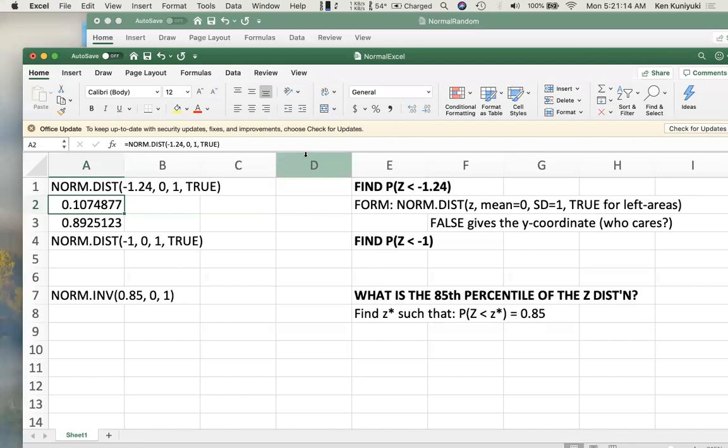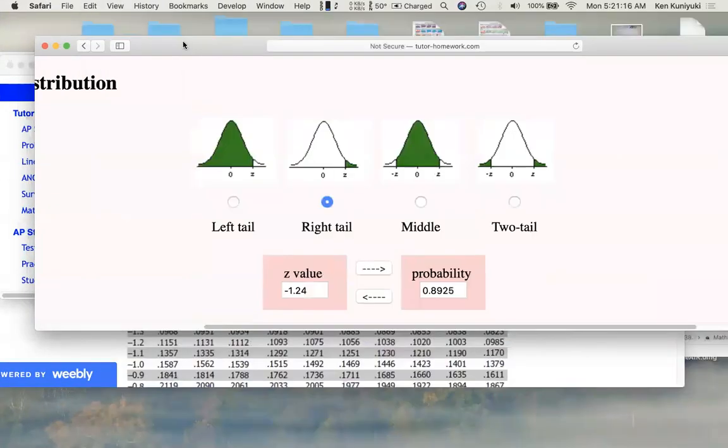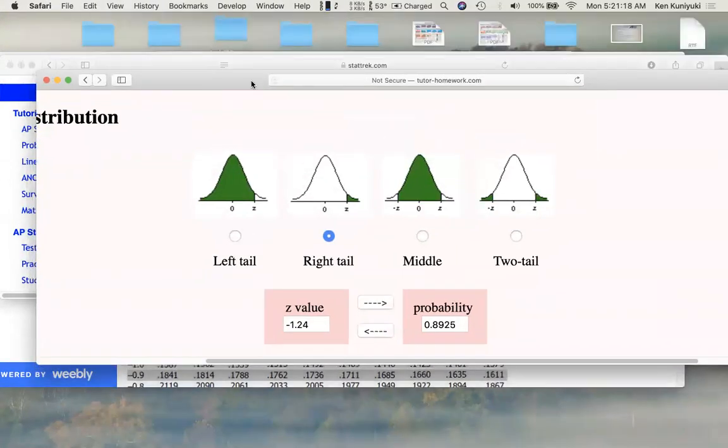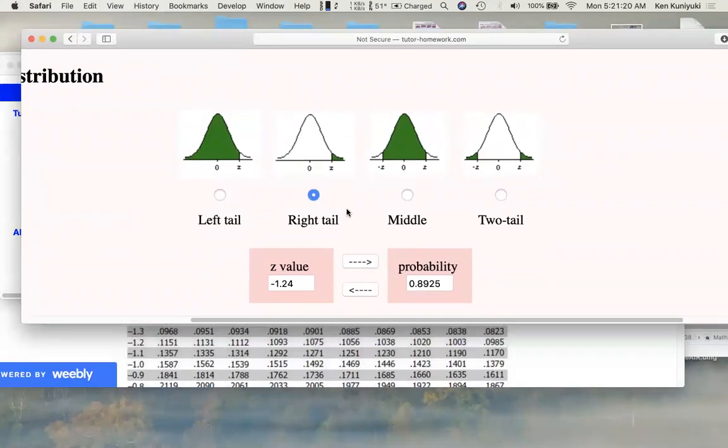Now, again, most software like Excel would expect you to just know that, but tutorhomework.com is the really helpful one. Right tail for positive 1.24. Click on this arrow. From the z value to the probability, we get that small probability again, 0.1075. And here the right tail picture is more consistent with what we'd expect. It's a small probability.